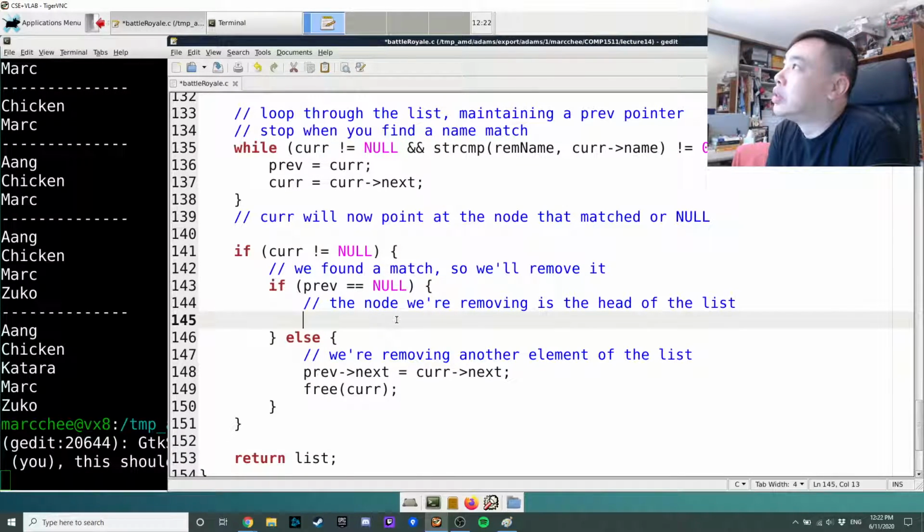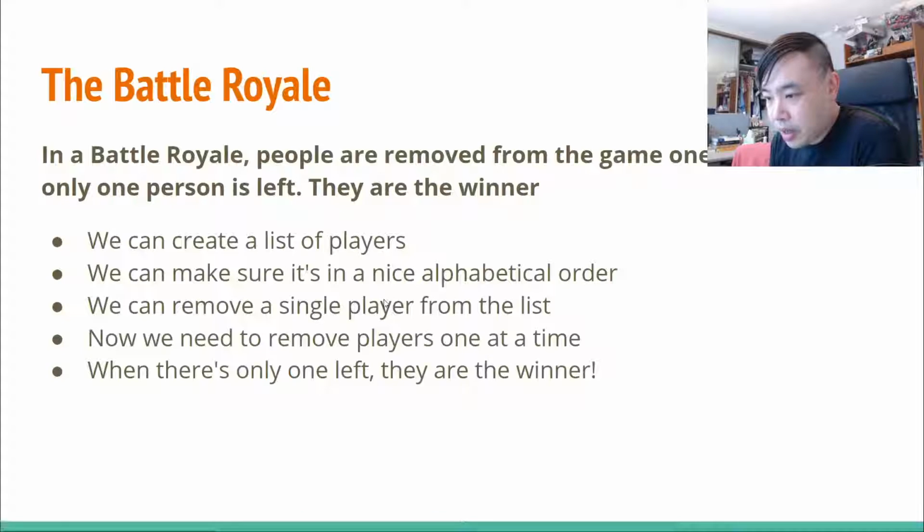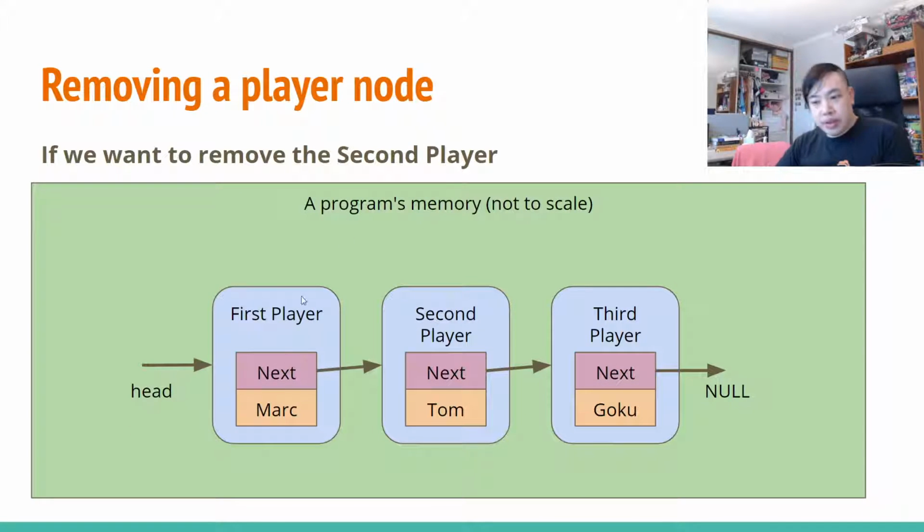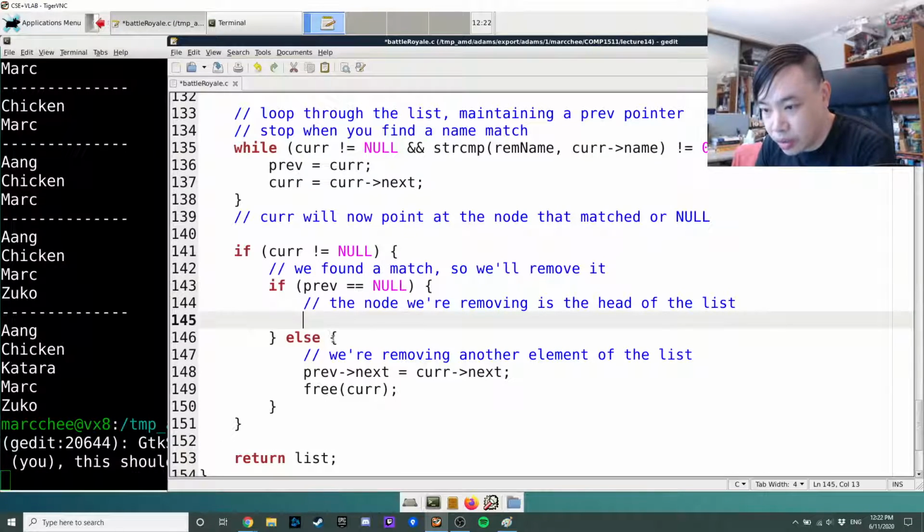But I want the same kind of thing. If I want the first player to skip the second player, but I don't have a first player, then I will want the head to skip. So let's say I'm removing the first player. I want the head to skip the first player and go to the second player. And I can do that because I know the head is list.